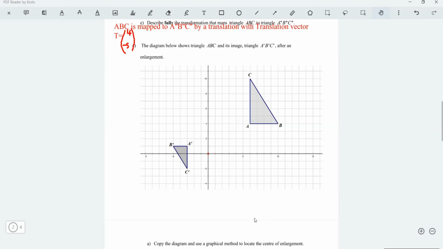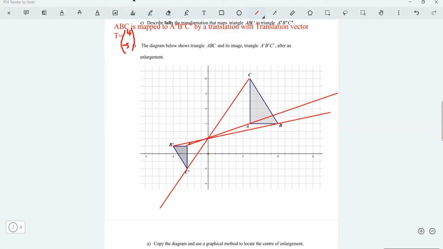Copy the diagram and use a graphical method to locate the center of enlargement. To get the center of enlargement, we're just going to draw the line passing through C and C prime. We're going to draw the line passing through A and A prime. We're going to draw the line passing through B and B prime.